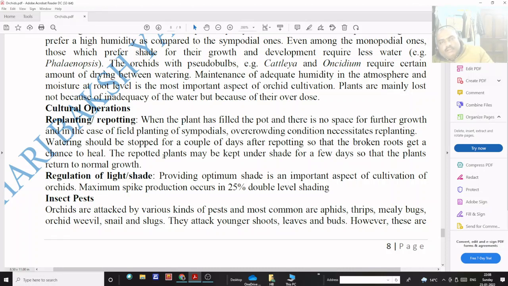Based on the type of damage, the type of pest or disease, and their nature of damage, we have to go for their control accordingly.